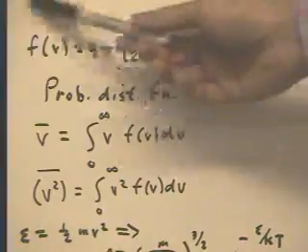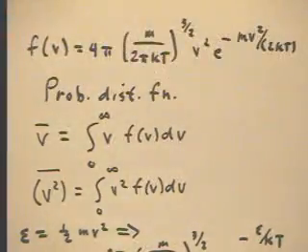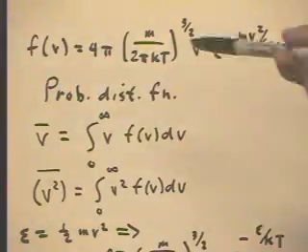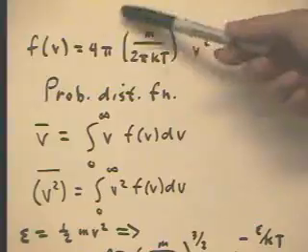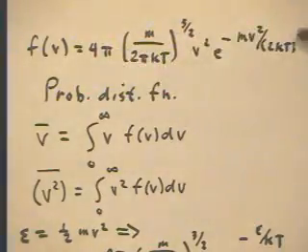Okay, this is a probability distribution function, meaning what? Meaning that to find the proportion of velocities between two given velocities, we integrate this function between those two velocities.